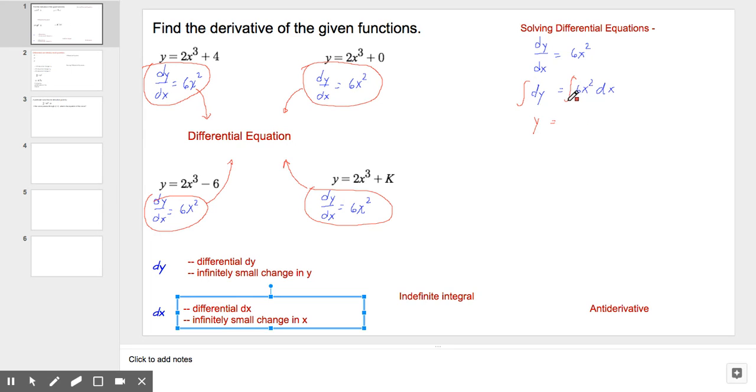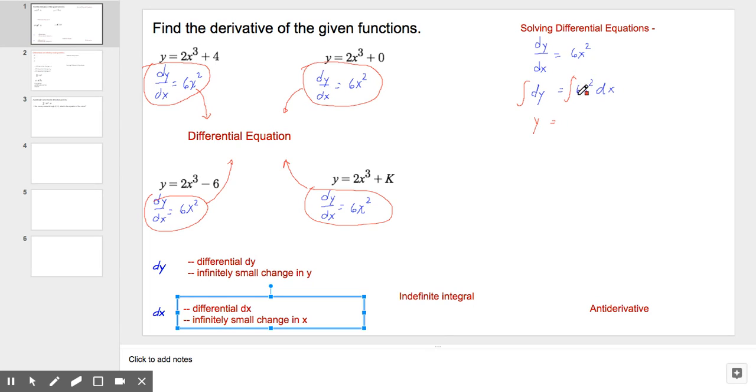So now we want to find the antiderivative of 6x squared dx. What function gives us the derivative 6x squared? So we have to undo, or reverse, the process of finding the derivative. How do we do that?